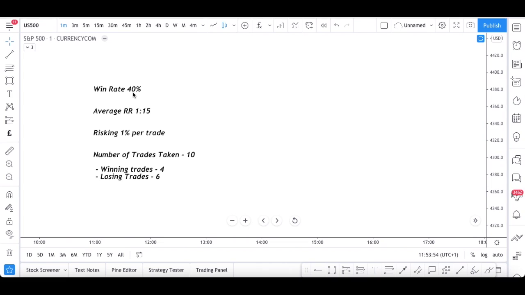It's not massively high, it's not above 50% or anything, but just assuming your win rate is 40%, your average risk to reward ratio, that we've been seeing that is very achievable, around 1 to 15, only risking 1% per trade, and let's just take 10 trades. Now, we have 4 winning trades and 6 losing trades.